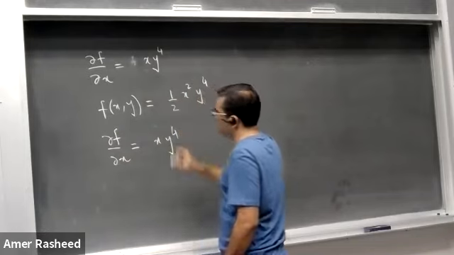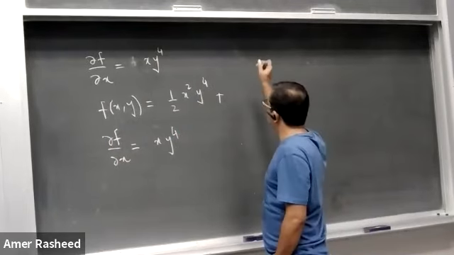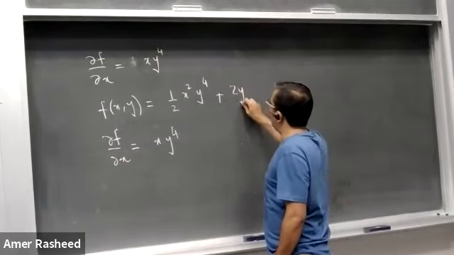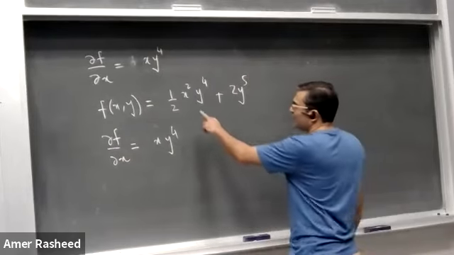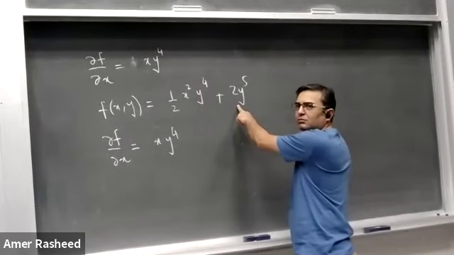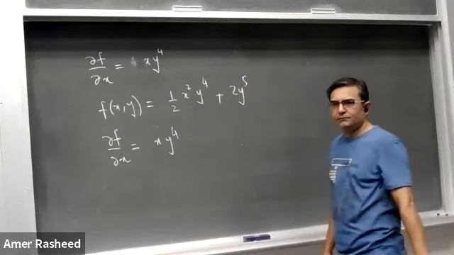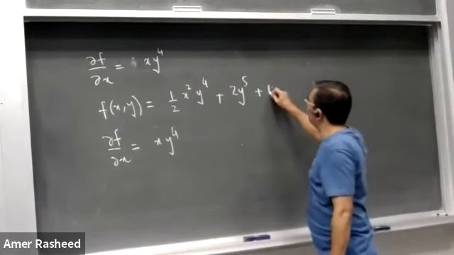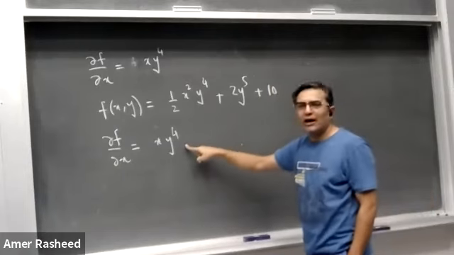Now, if you have here maybe 2 by 5, when you take partial derivative of this function with respect to x, this term will be 0 because there is no x here. This is treated as a constant. And even if you have some other constant here, this will be 0 as well.